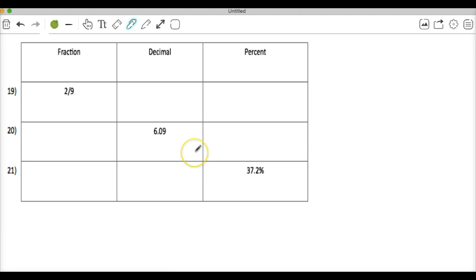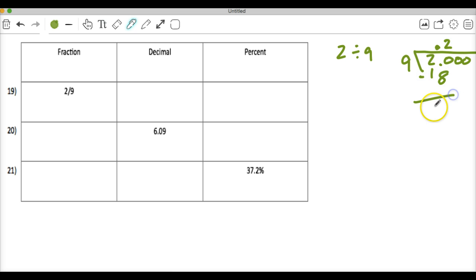Next, we have to convert these into fractions, decimals, and percents. I'm going to start here with 2/9 and do 2 divided by 9. And I think I just did this problem. Sounds familiar, but maybe not. So this is going to be a repeating decimal, I can already tell.